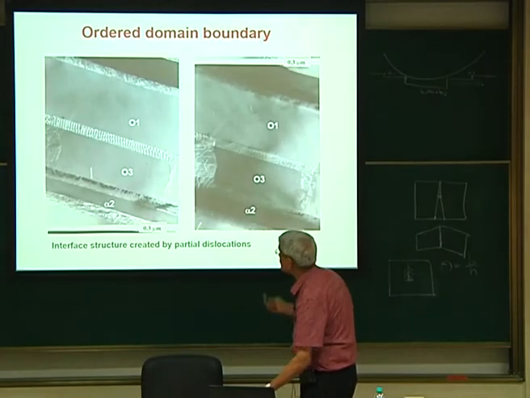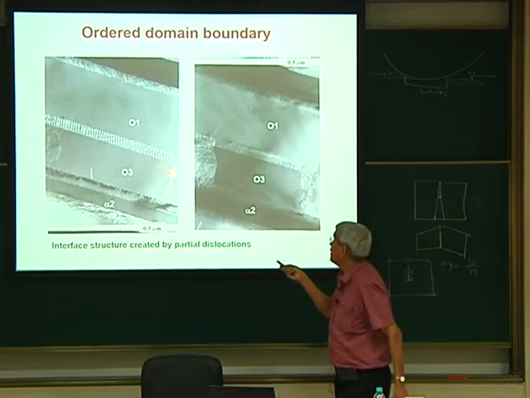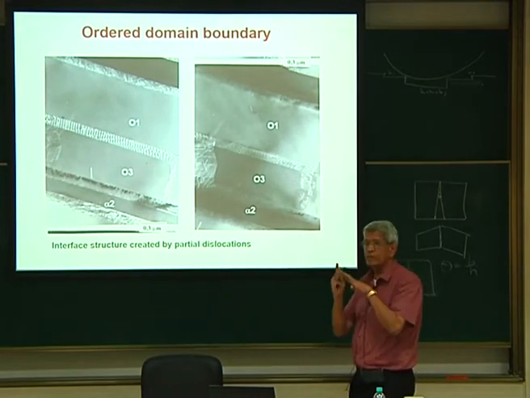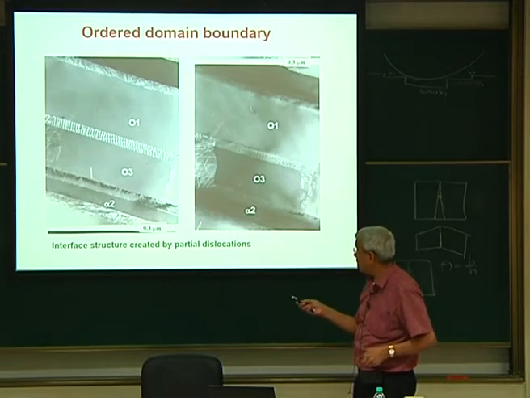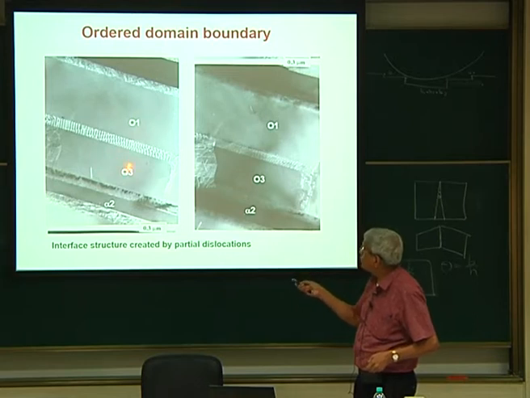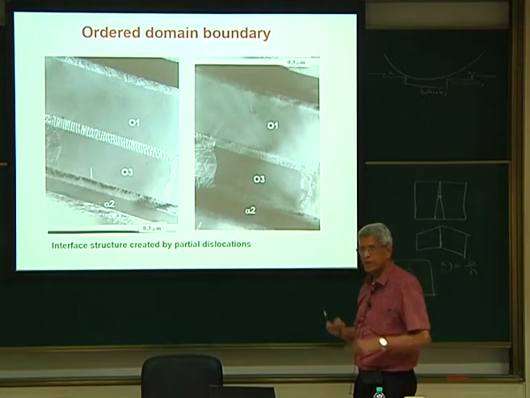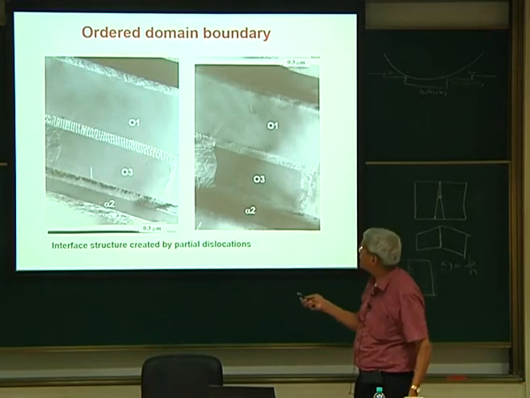Because in this material the c by a ratio is not equal to 1, between two variants, at that 120 degree boundary, you can see there is an array of dislocations which have formed, and these dislocations have split into partials.